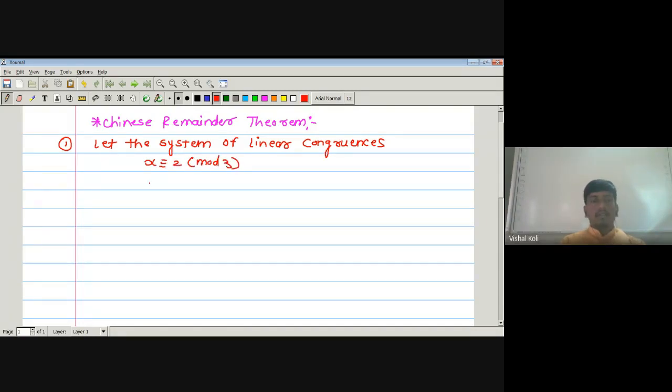Second one is x is congruent to 3 modulo 5. And third one is x congruent to 2 modulo 7. Then find the simultaneous solution.